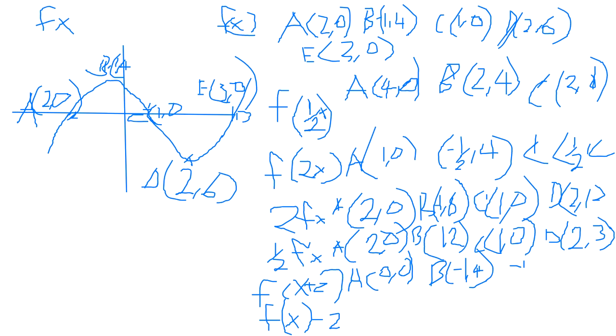So when I have a point minus 1 and 4, here is supposed to be minus 3 and 4, because the B this side is negative 1. So I'll have minus 3 and 4. Then here will be minus 1 and 0. Yes. Minus 1 and 0.